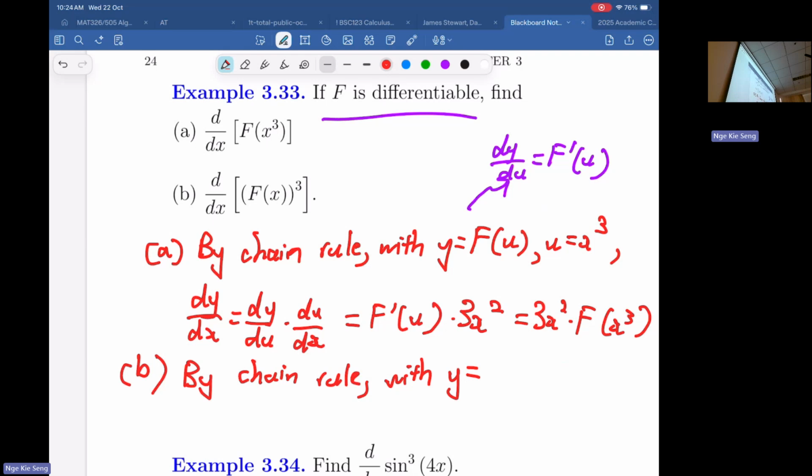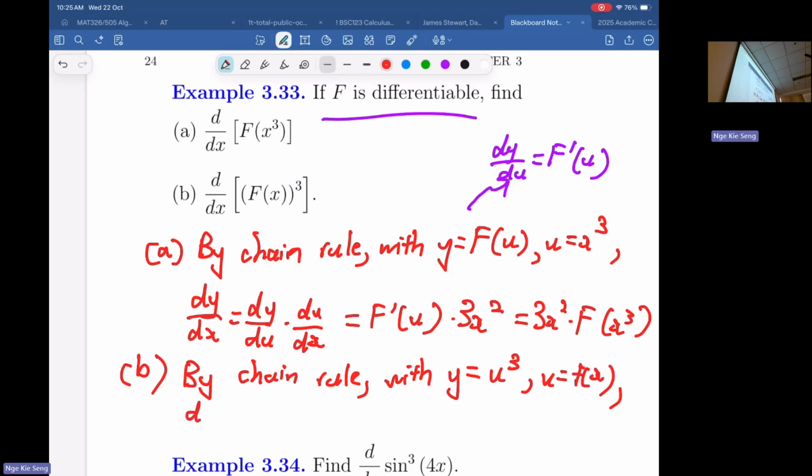You can set y to be f(x). Not very good, right? So maybe you can try another approach. Yeah, y equals u to the cube, and then u is f(x).